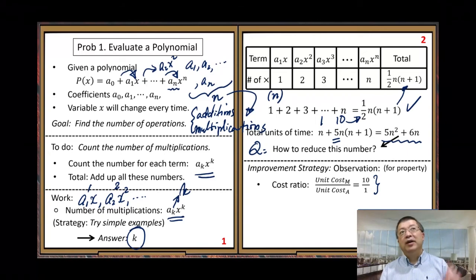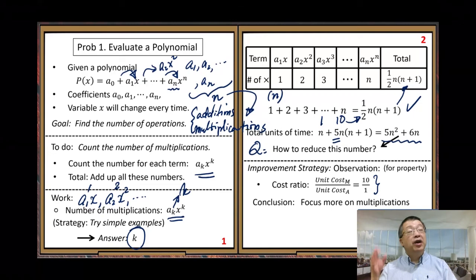Based on that observation, we have a conclusion. For better improvement, we should focus on multiplications because there is more room to improve.